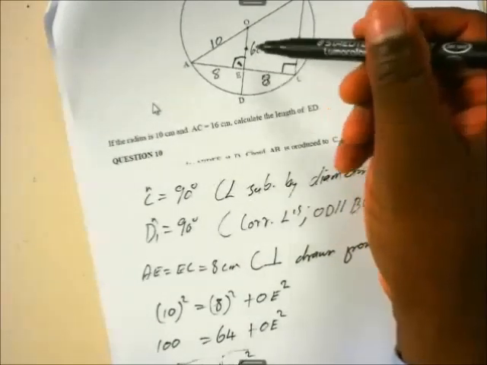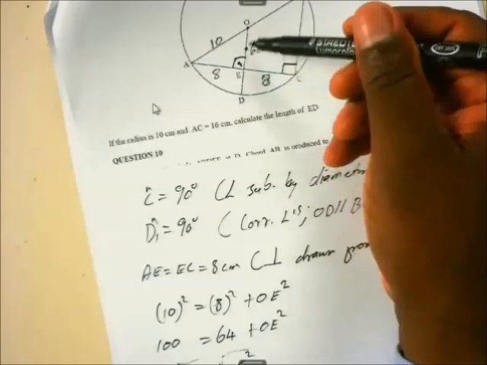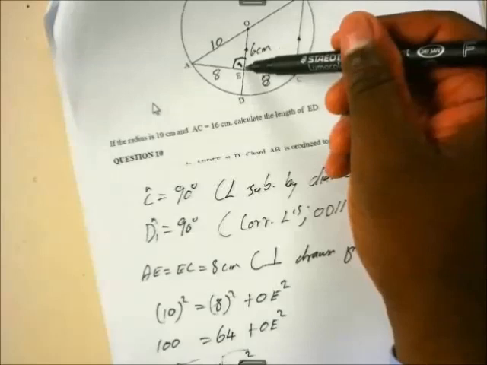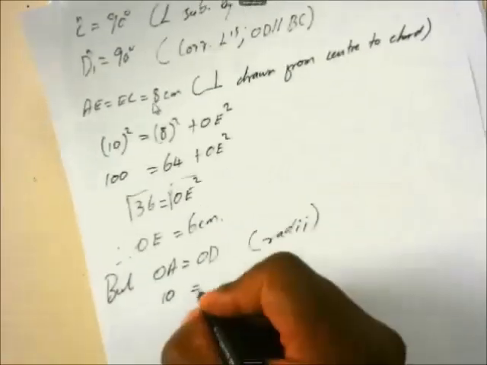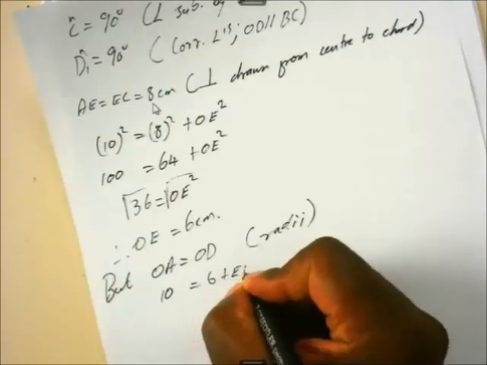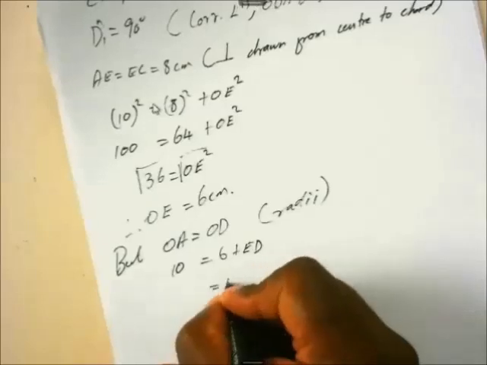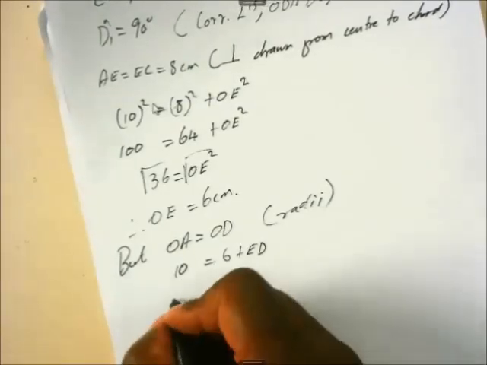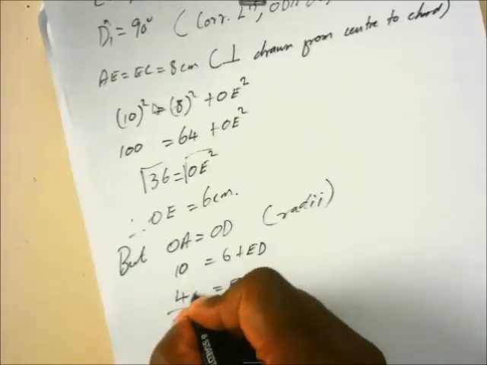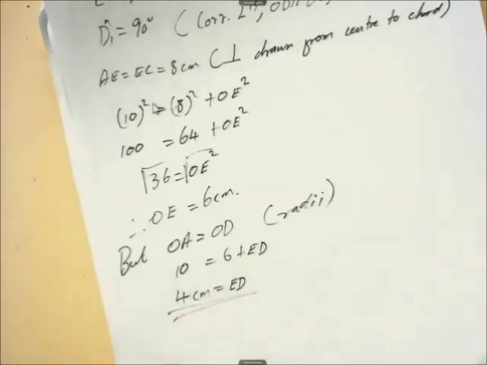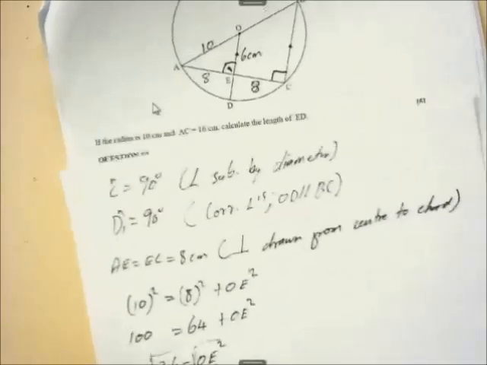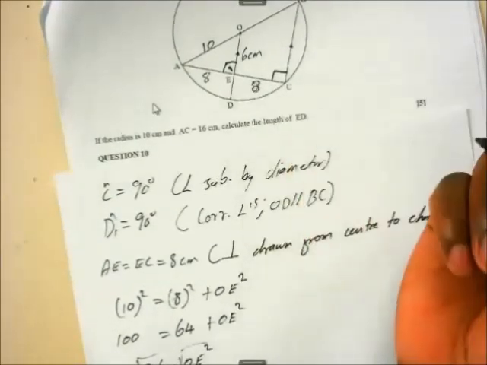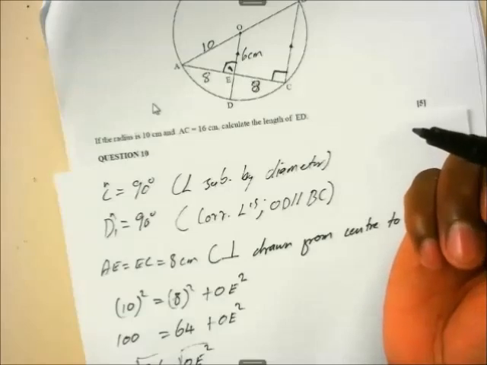OD is 6 plus ED. This is OE plus ED, and OE is 6. Then we've got 6 plus ED. Therefore, ED, you transpose, ED will be 10 minus 6, which will give you 4 centimeters. Therefore, when answering this question, ED will then be equal to 4 centimeters.